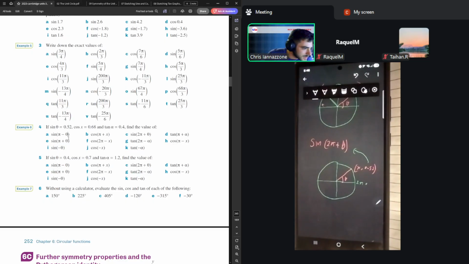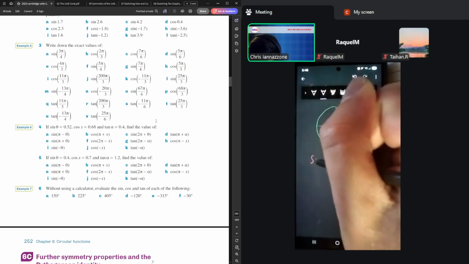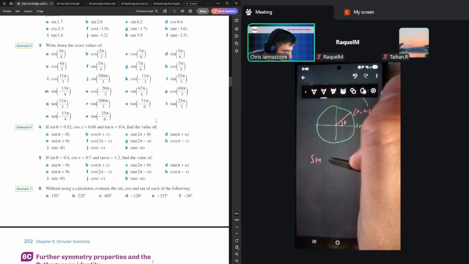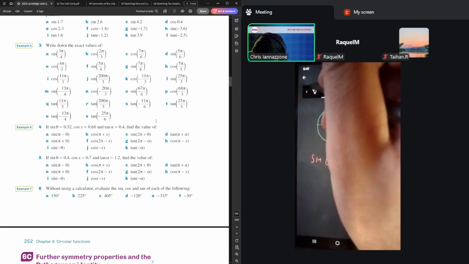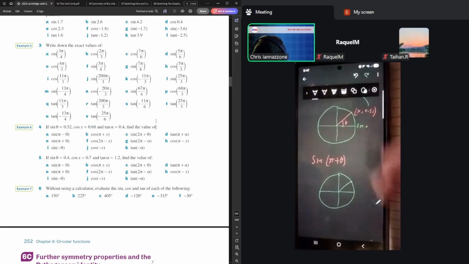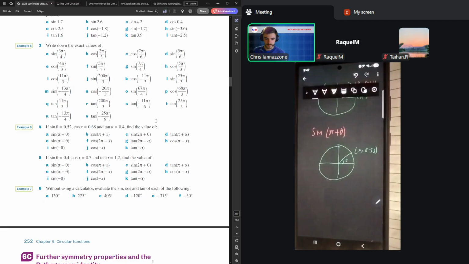Cool. Okay, are there any unique theta ones going on? Yeah, there's one more. Maybe two more, actually. Sine of pi plus theta. All right, pi plus theta. Where are we going to end up?